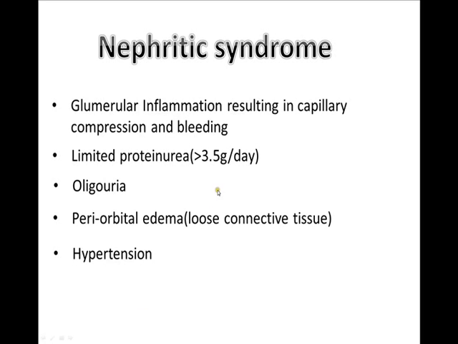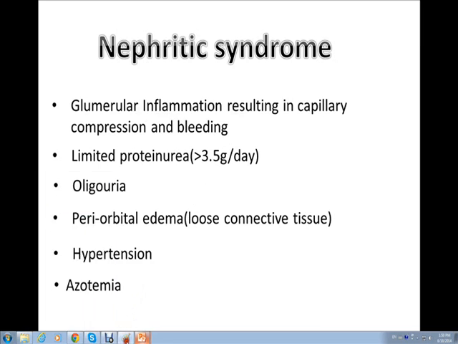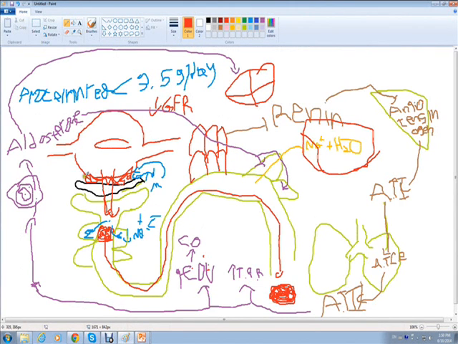So hypertension, you already know why it occurs. Azotemia occurs because we again have a reduction in glomerular filtration rate. So due to the capillary compression, a lot of things that should have been filtered are not filtered.